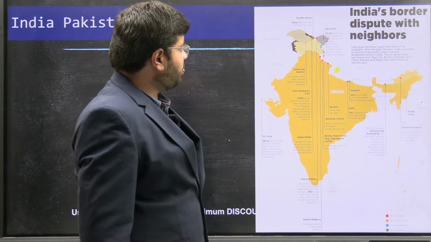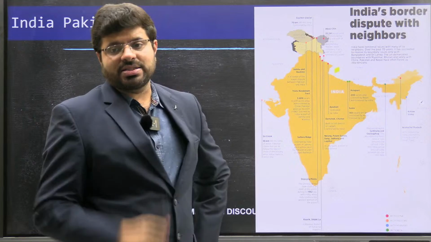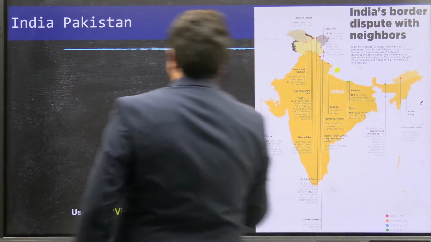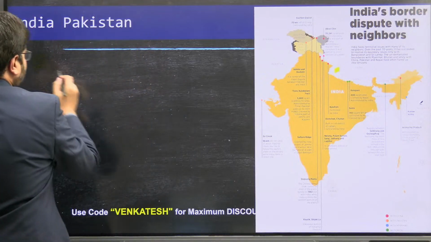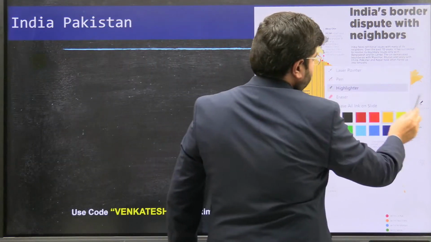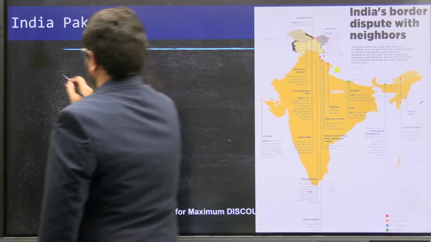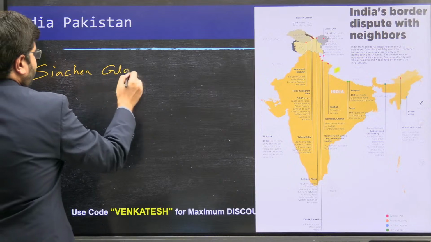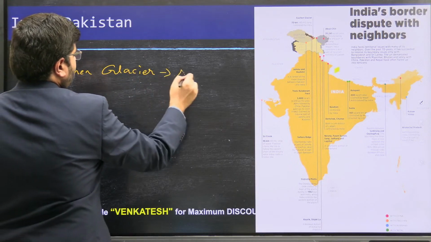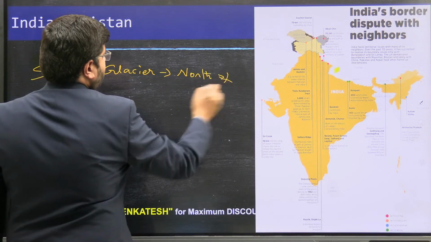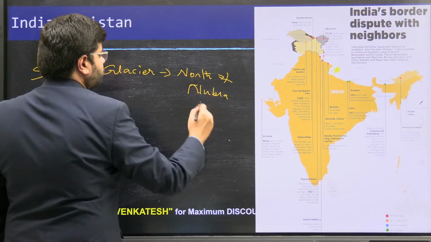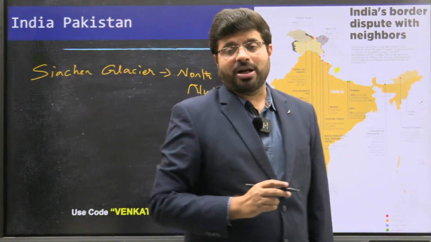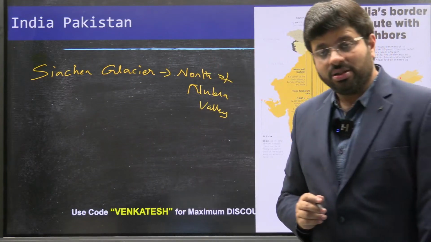Where is the Siachen Glacier? You have to see the location: Siachen Glacier is located north of the Nubra Valley. This is part of the Indus River system, the Nubra River.